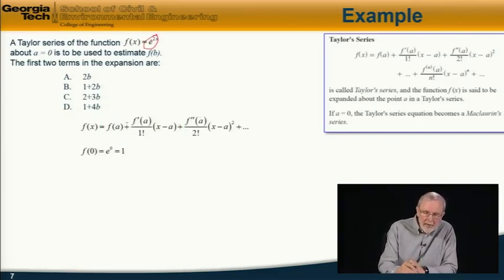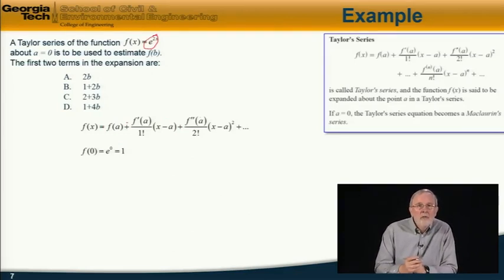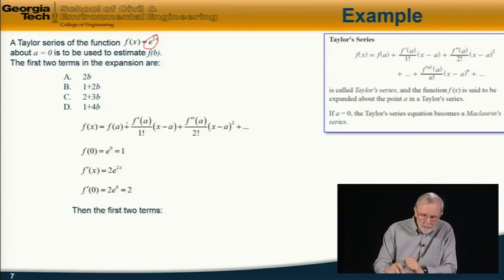So e to the 2x evaluated at x equals 0 is equal to e to the 0, which is 1. The derivative f prime of x is 2e to the 2x. So the derivative evaluated at x equals 0 is equal to 2e to the 0, which is equal to 2.